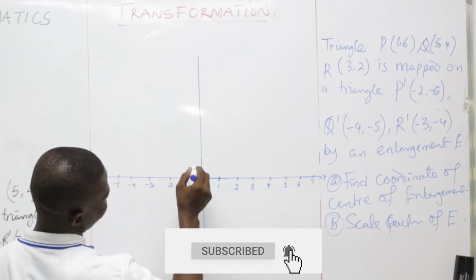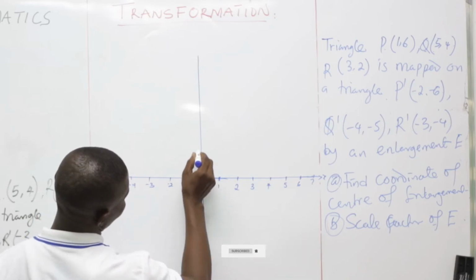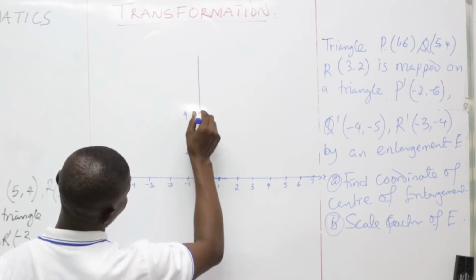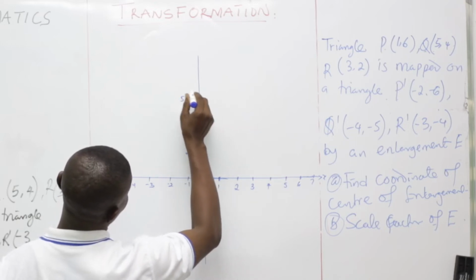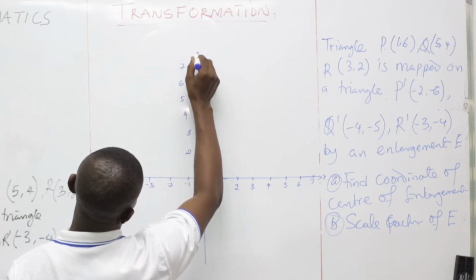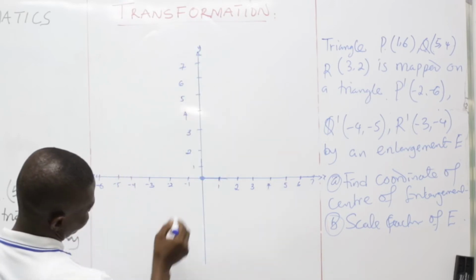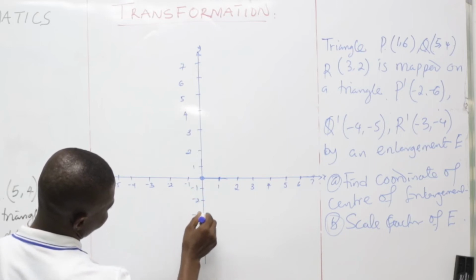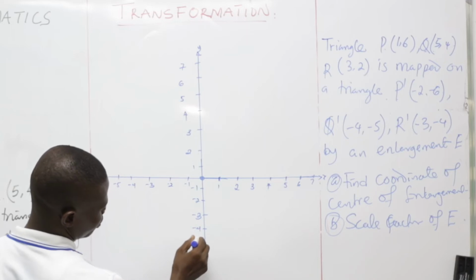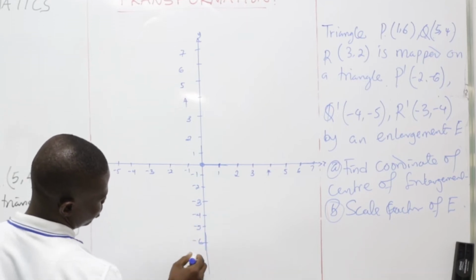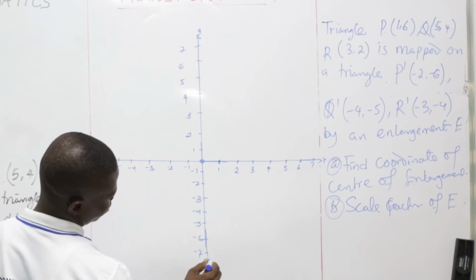For y, 1, 2, 3, 4, 5, 6, 7, and minus 1 to minus 7.